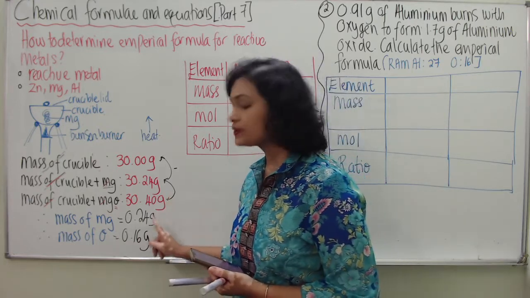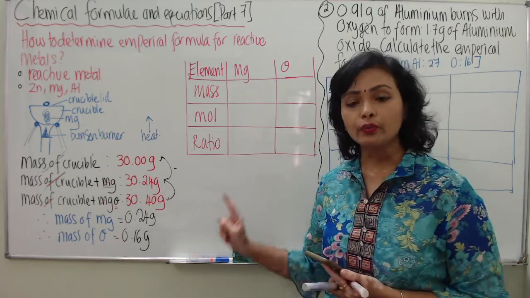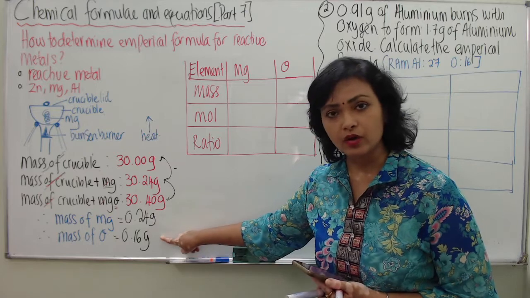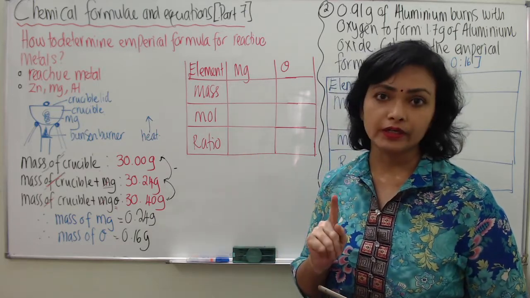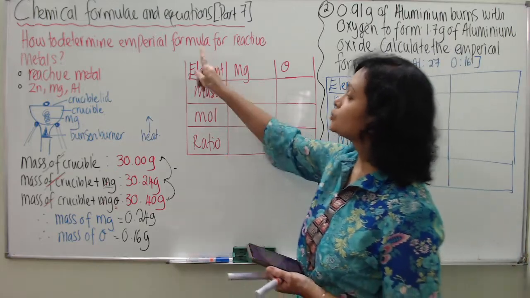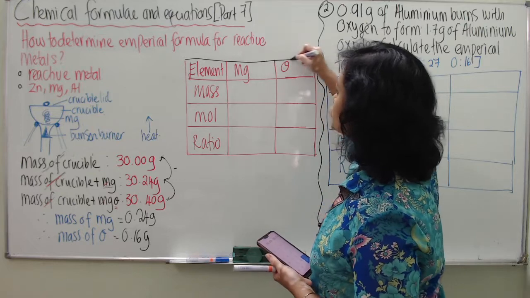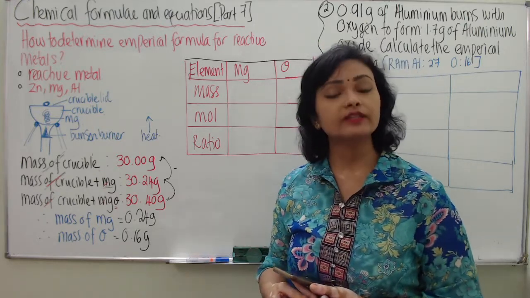Now I am going to teach students how to convert the mass that students get for magnesium and oxygen into the calculation of the empirical formula. Now let's start. Here I have already written the elements which are involved in the empirical formula of magnesium oxide.